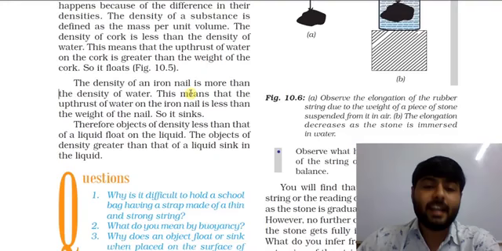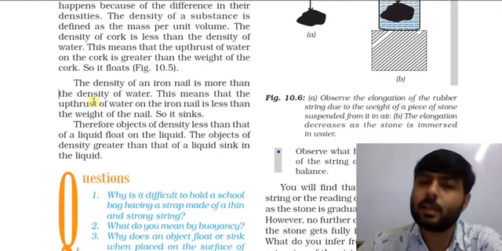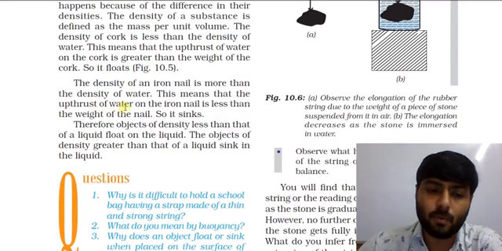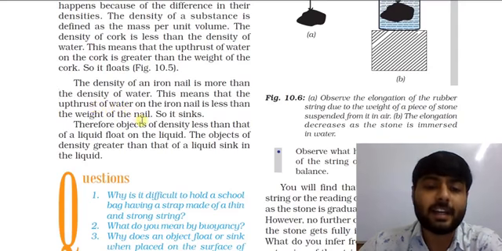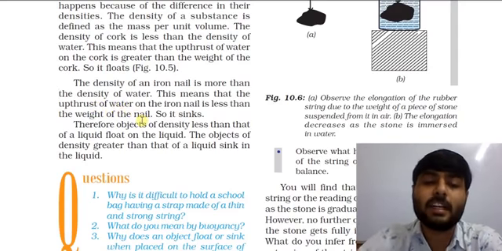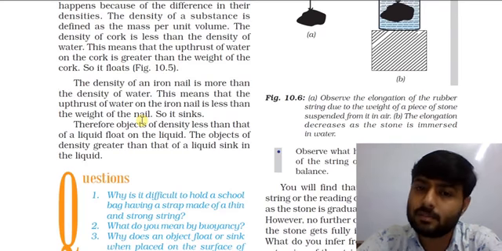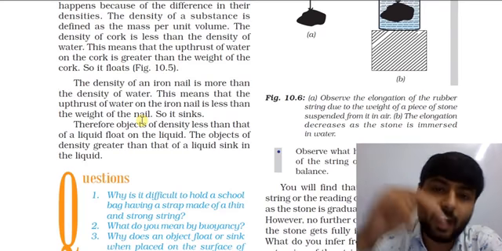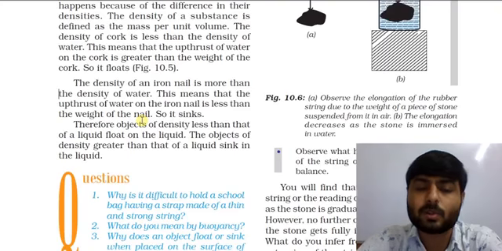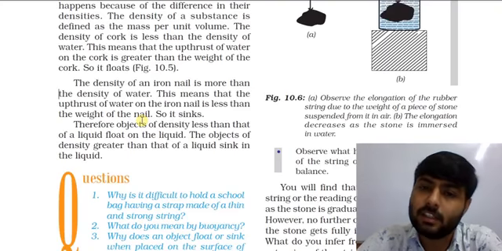The density of an iron nail is more than the density of water. This means that the upthrust force of water on the iron nail is less than the weight of the nail. So the weight acting downward will be more, and the nail will sink.